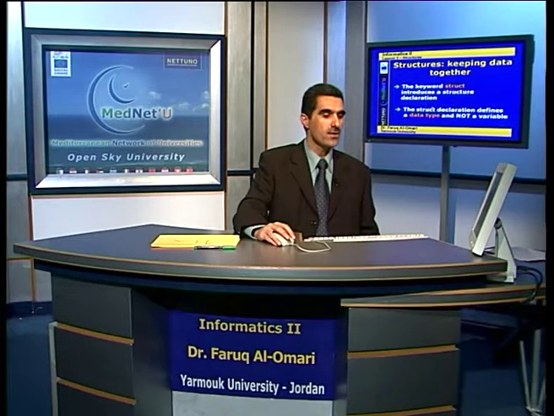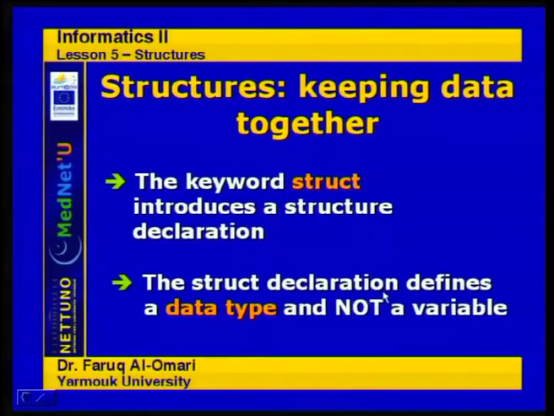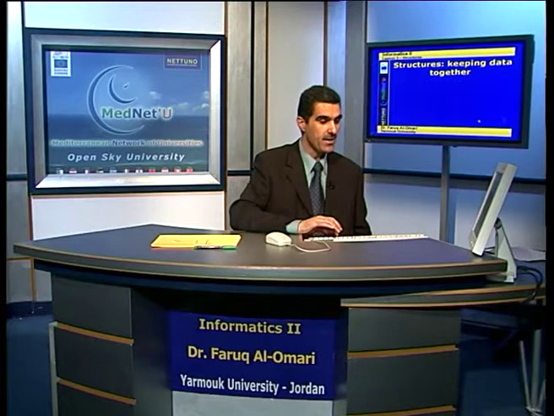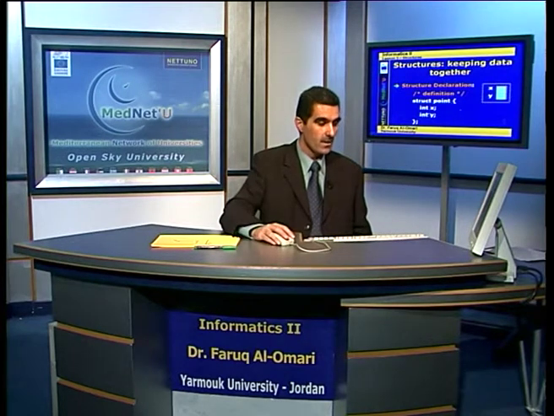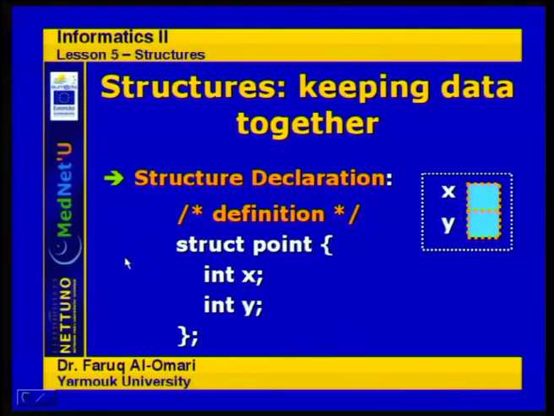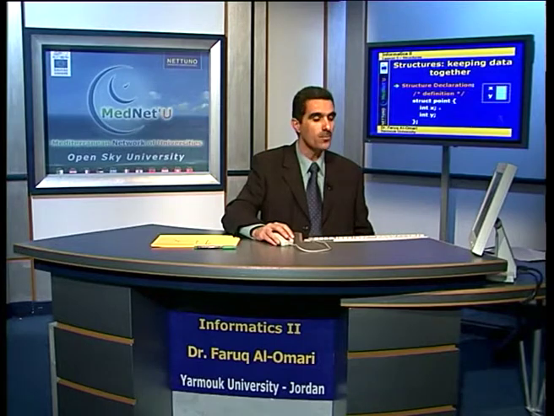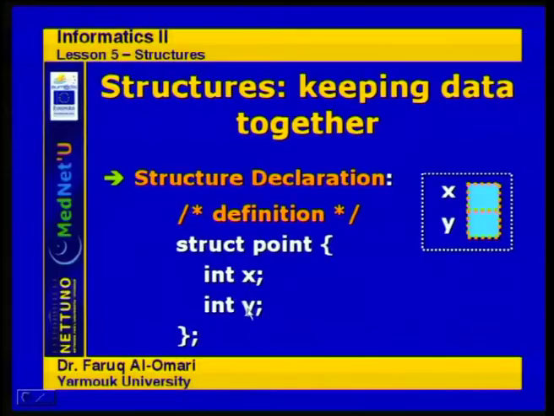The struct declaration defines a data type and not a variable, a big not a variable. So when I do this, I'm not defining a variable called point, okay? This is just a data type, a user-defined data type, which is comprised of two integer values, x and y, all right?